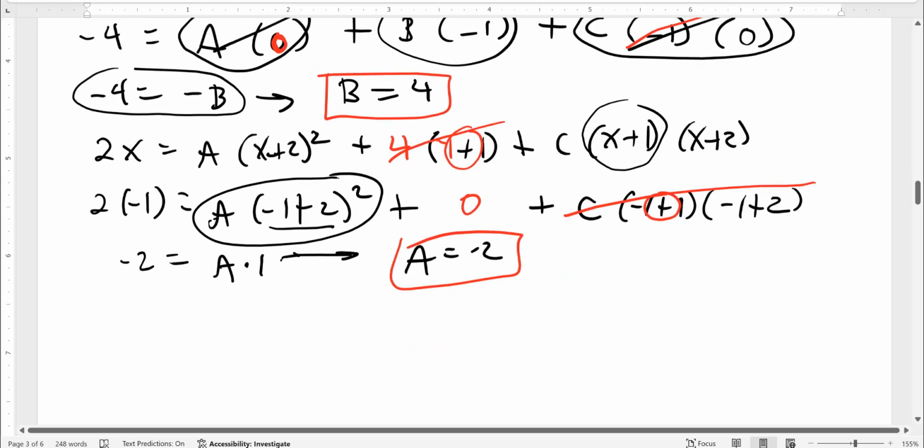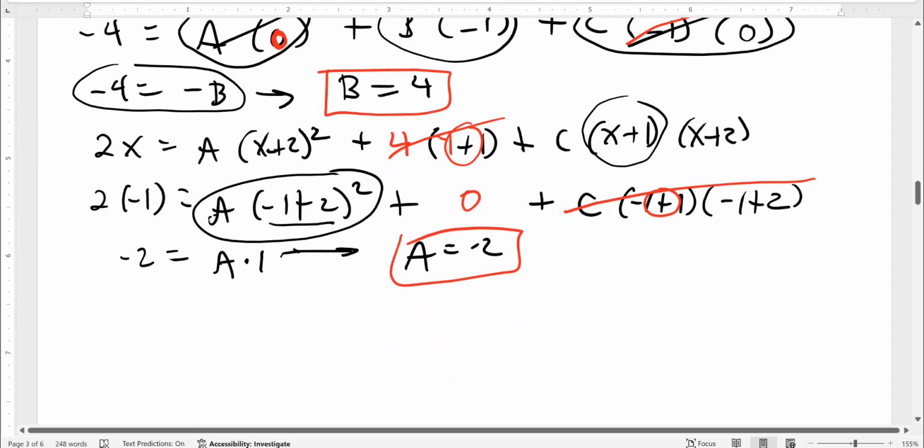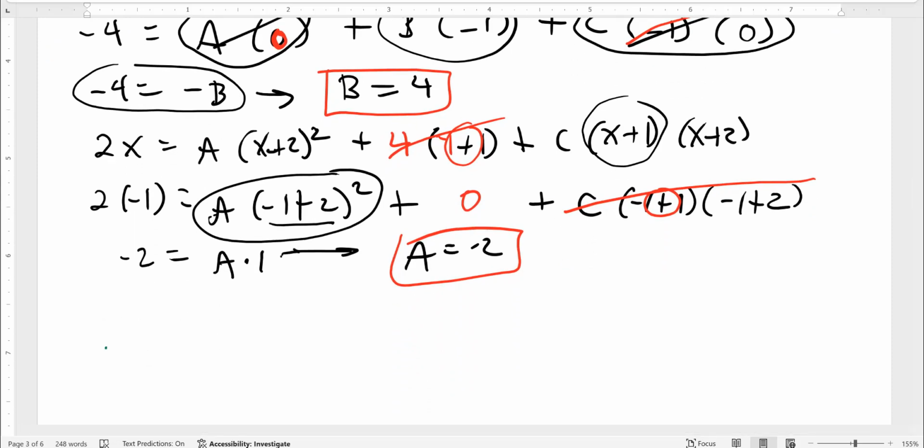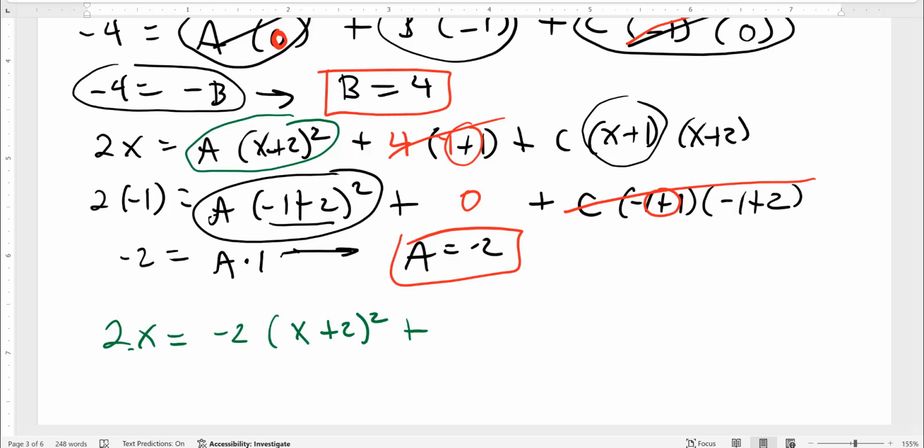When we copy down that green line, we are going to have 2x equals a times x plus 2 squared, and we now know that a is negative 2, so negative 2 times x plus 2 squared, plus b, which we know is 4, and that was b times x plus 1, plus c, which we don't know yet, times x plus 1 times x plus 2.